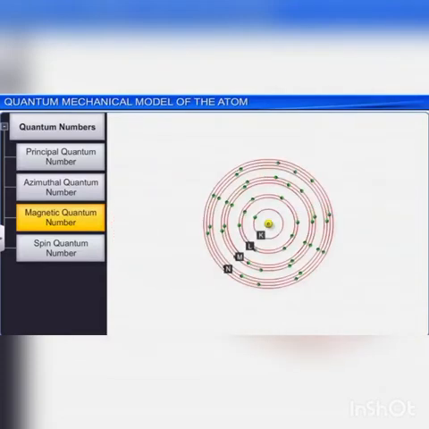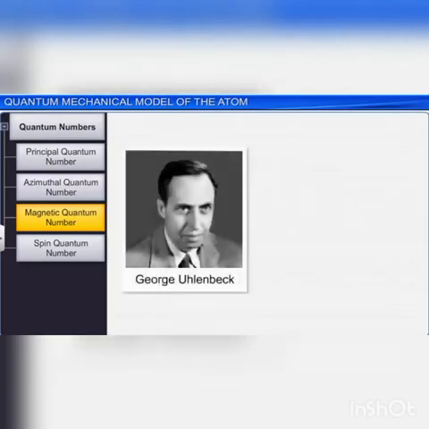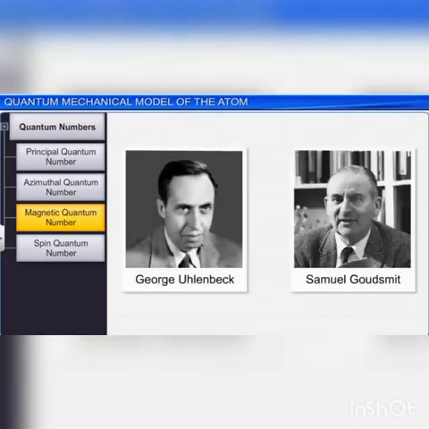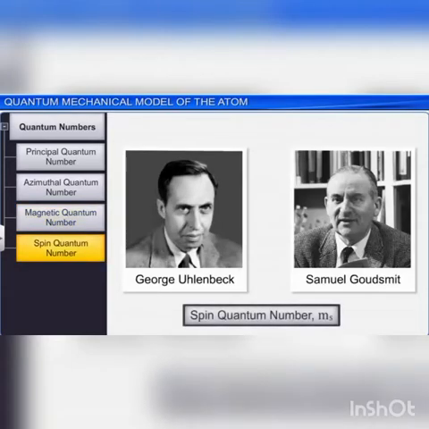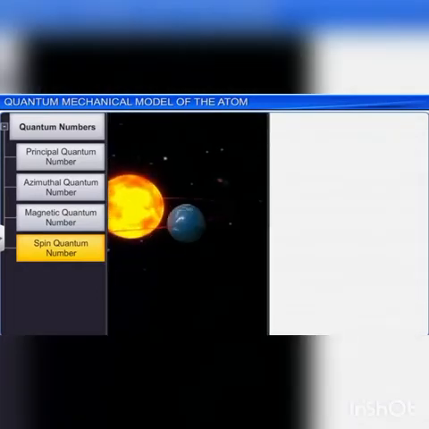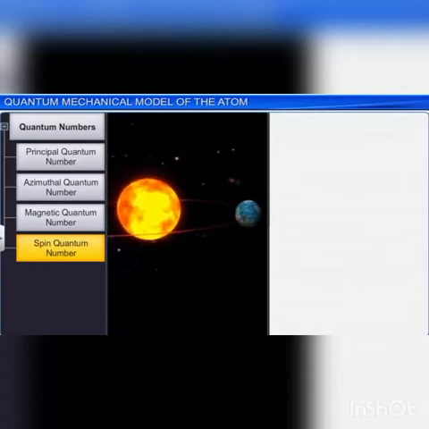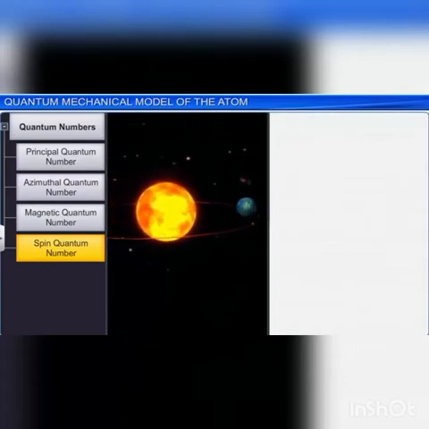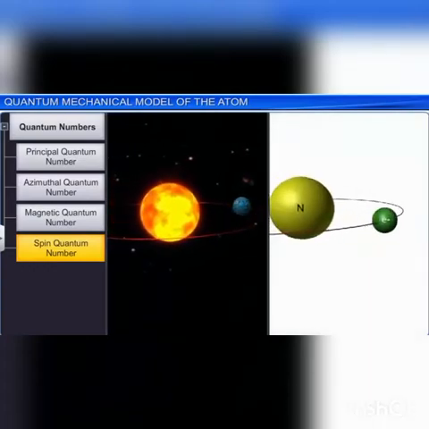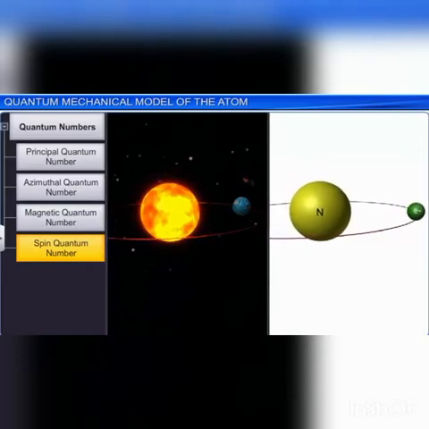To explain these lines, in the year 1925, George Uhlenbeck and Samuel Goudsmit introduced the 4th quantum number called the electron spin quantum number, or ms. The two scientists suggested that just like the planet Earth, an electron rotates around its own axis while revolving around the nucleus.